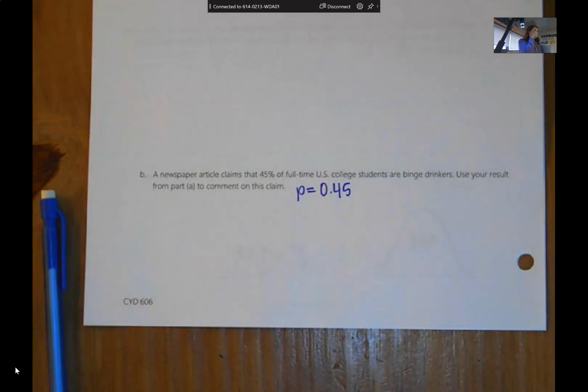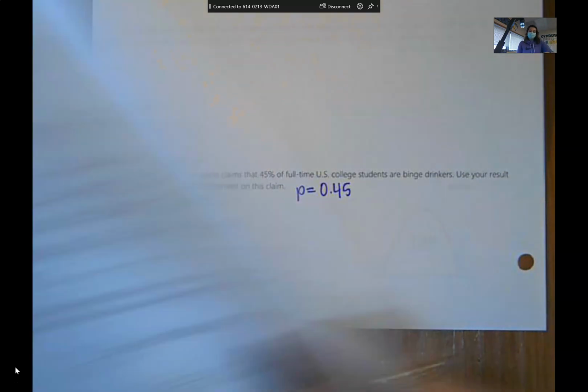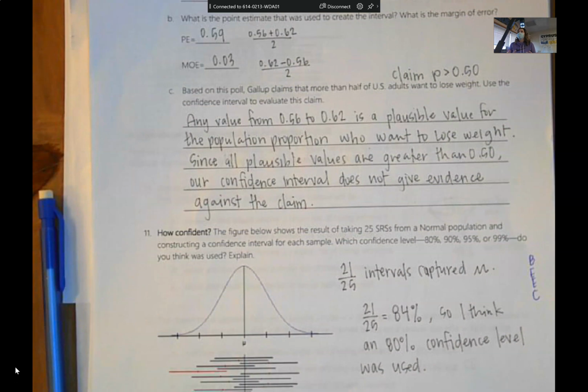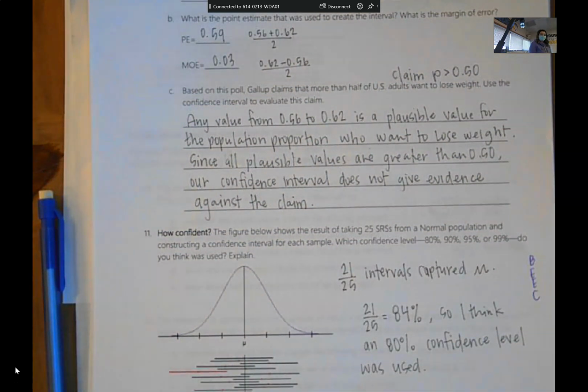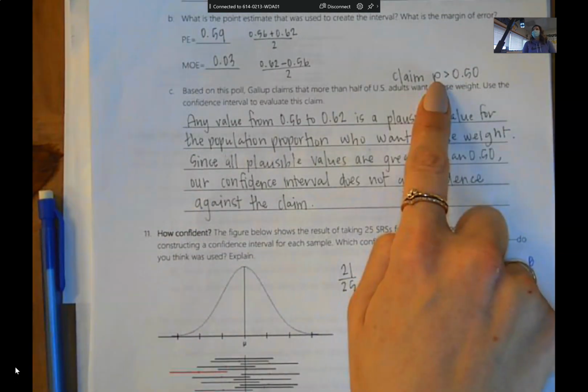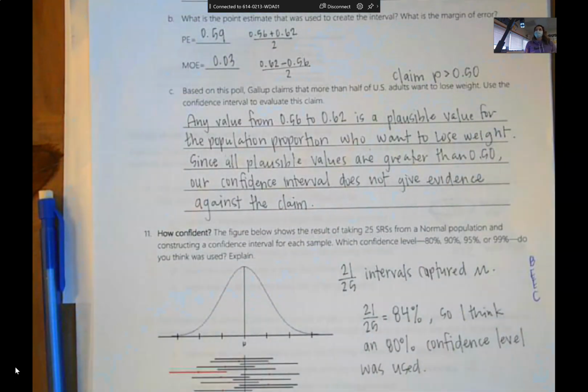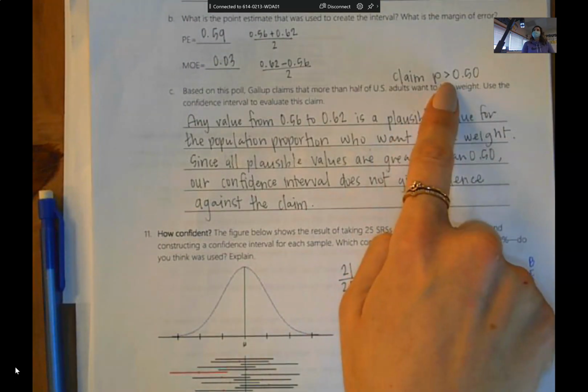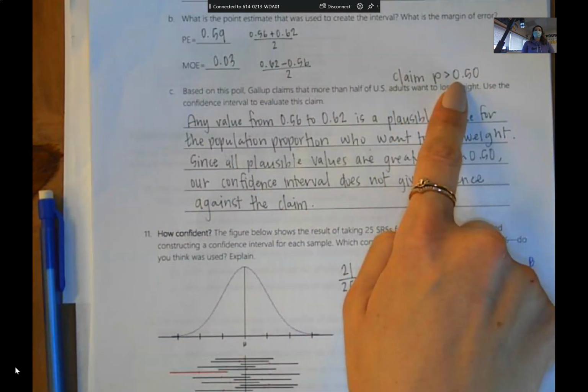Now, I understand why you're getting confused on that, because we had a problem about the percent of Americans that wanted to lose weight. And they were asking you about the claim, is it possible that more than half of Americans want to lose weight? This is a different situation. They're specifically asking you about a range of values.